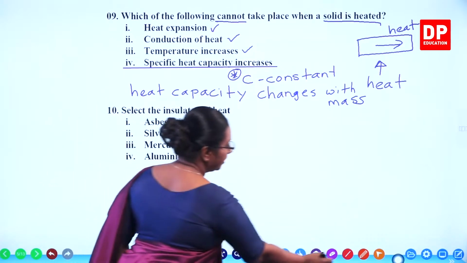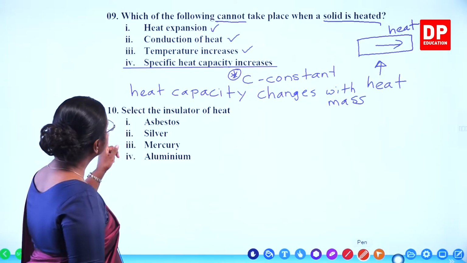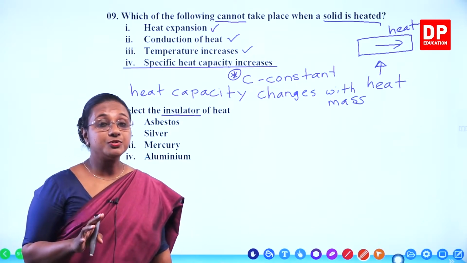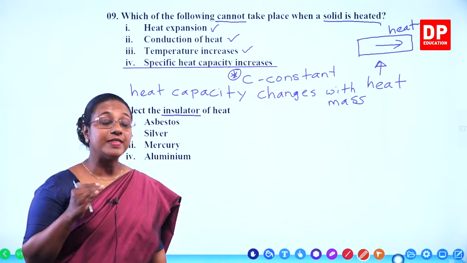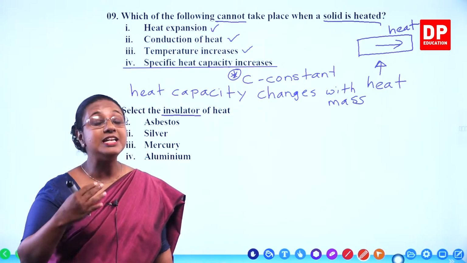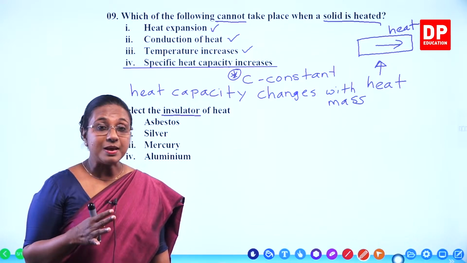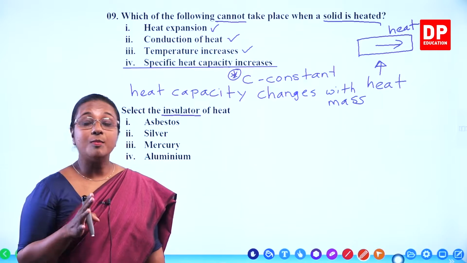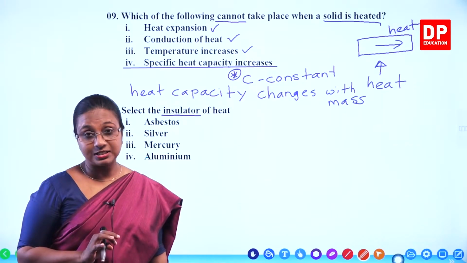Then we have the 10th question. Select the insulator of heat. So, you all know, students, based on the nature or the ability of a solid to conduct heat, we call them as good conductors or insulators. And normally metals are very good conductors of heat.